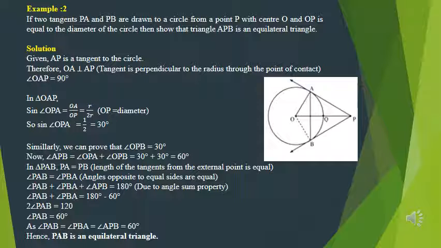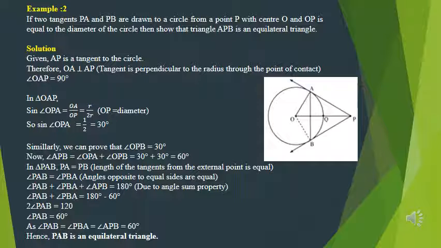So we'll consider here, given AP is a tangent to the circle, therefore OA is perpendicular to AP, because a tangent is perpendicular to the radius of a circle through the point of contact. So here we can say angle OAP is 90 degrees.